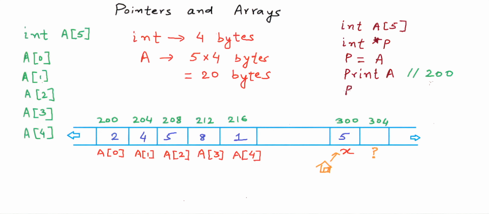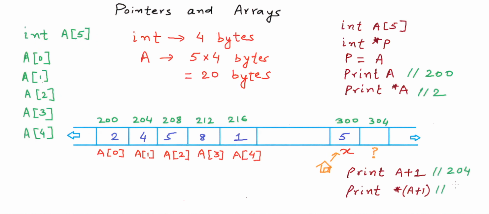And if we want to dereference this and try to print asterisk a, then this will give us the value. So if we want to print a plus 1, then this will give us the address 204, and asterisk of a plus 1 will give us the value of the second element in the array.